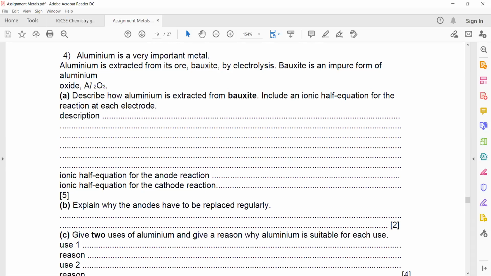So this whole process you have to mention, what happens in the extraction of aluminium.